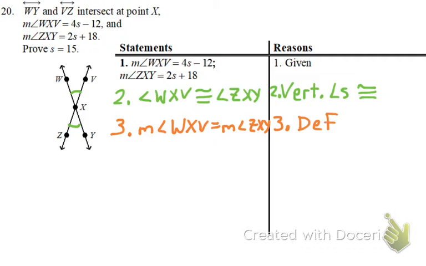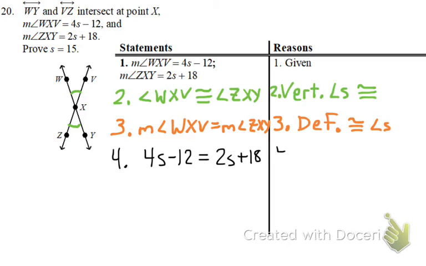We're going from a congruent statement to an equation. Since their measures are equal, and we have expressions for those measures, we can say 4s minus 12 has to equal 2s plus 18. That's substitution property that allows us to do that.